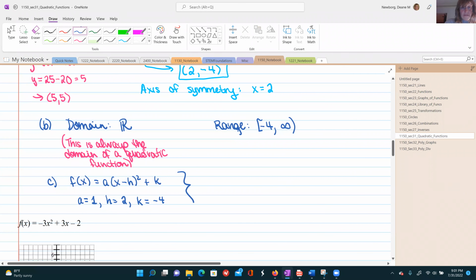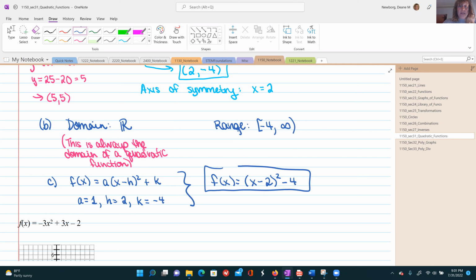So I'm just plugging everything in. So I get f of x equals, you can write the 1 there or not. You can just leave off the 1 and just write it as (x minus 2) squared plus -4. You could write it like that, or you could just write it as minus 4.